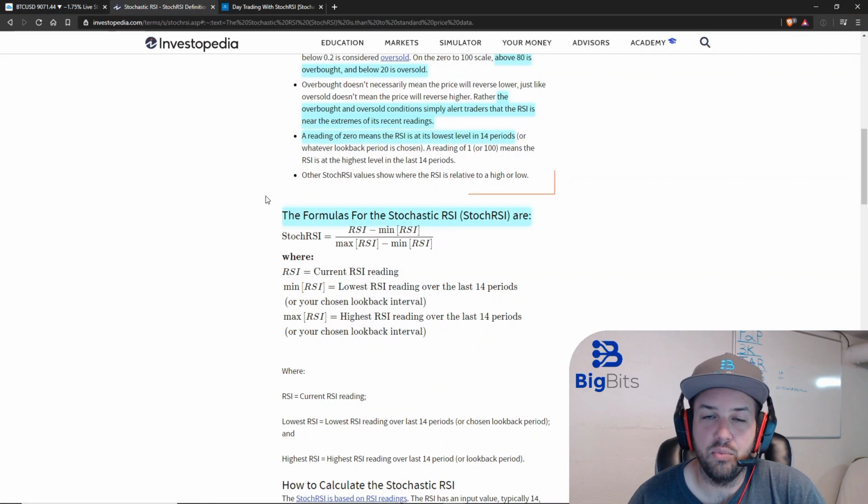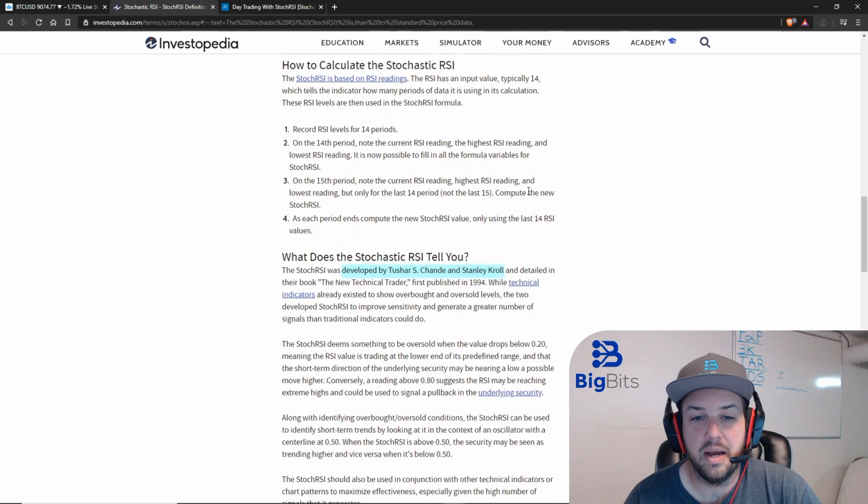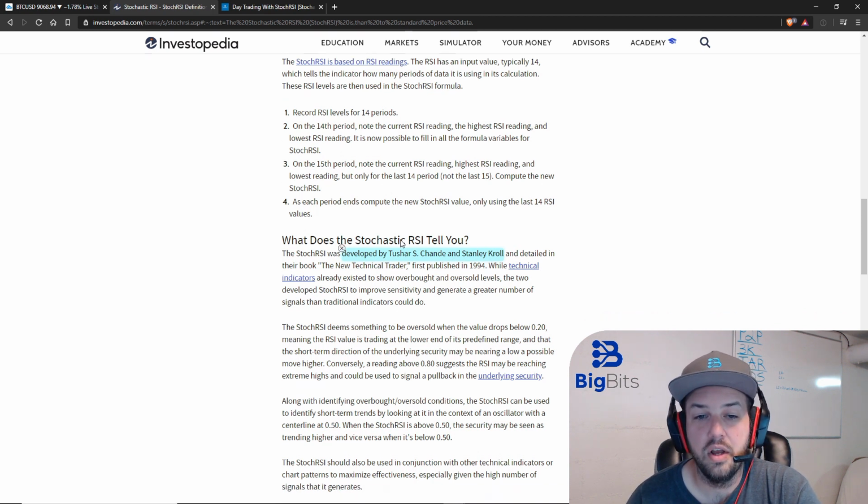I'll go into more detail about how the calculation is done on TradingView and Pine in just a moment. One thing you should know is that this indicator was developed by Chande and Kroll. These two are known for creating many indicators, and they even have one named after themselves, which stuck out to me. This is pretty popular.